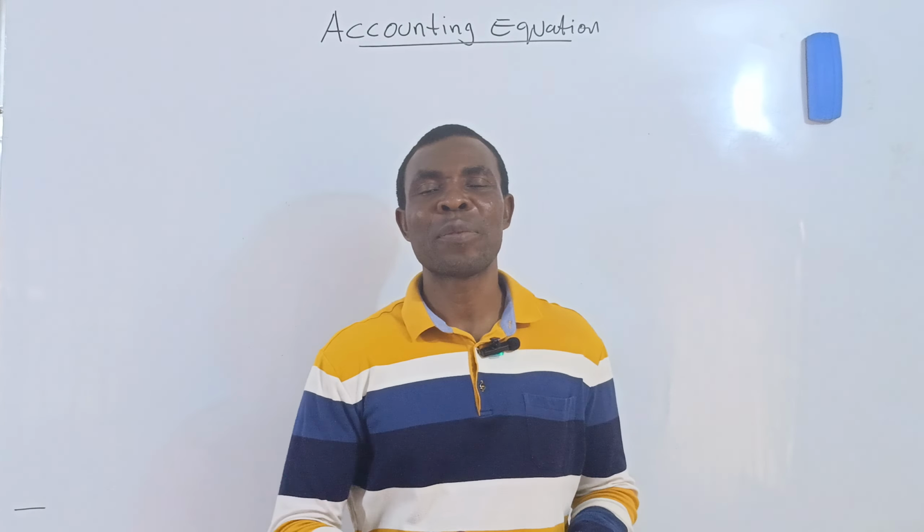Remember, we are looking at the accounting equation, which is a relationship between elements of financial statements. I said we have five of such elements, and I've given you assets. This is liability. If we make liability the subject of the formula, the accounting equation becomes liability equals assets minus equity.